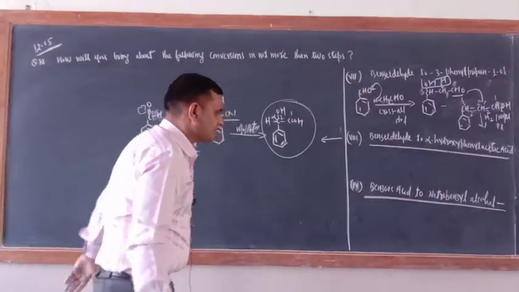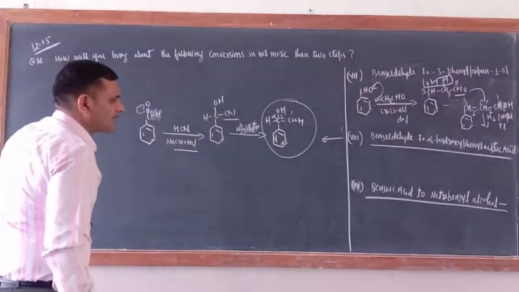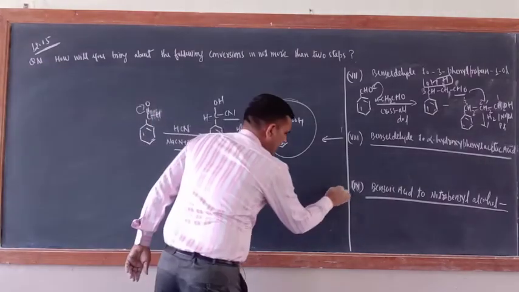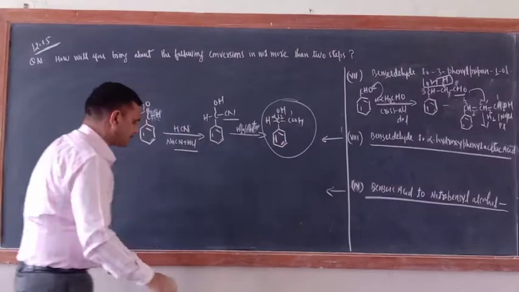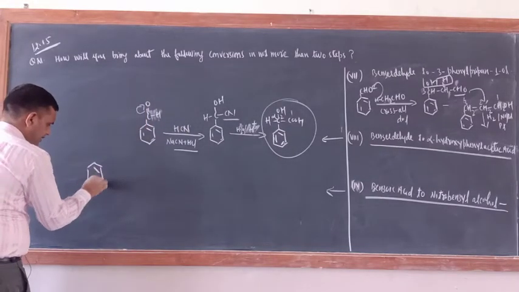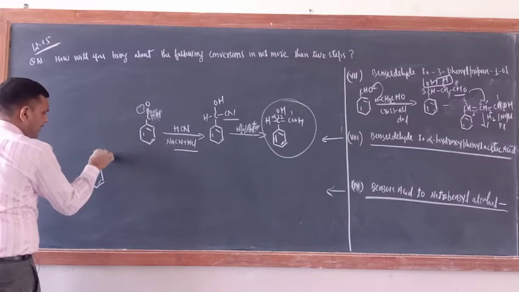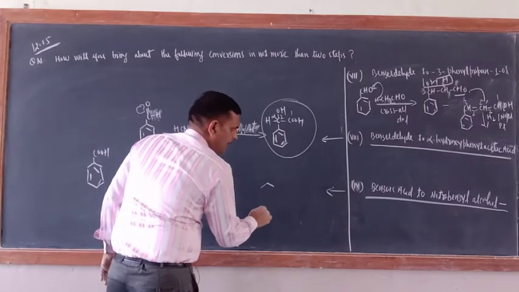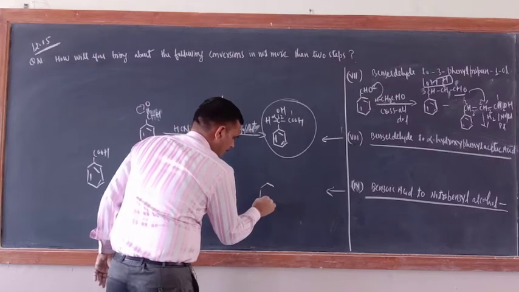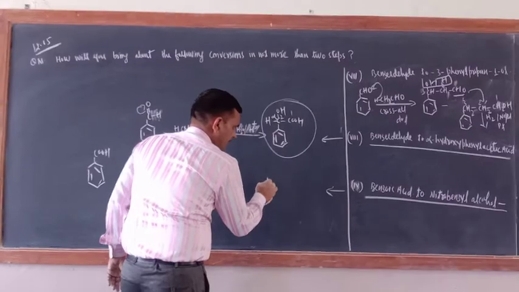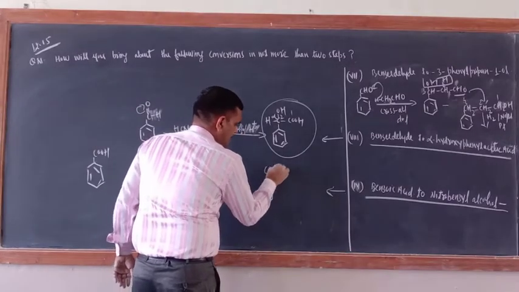Next one is benzoic acid to 2 nitrobenzyl alcohol. Benzoic acid, just see. First write benzoic acid. This is benzoic acid. Okay, where you have to go? You have to go to nitrobenzyl alcohol.